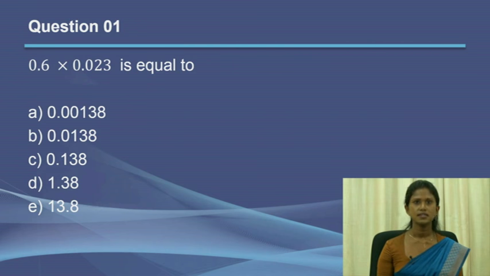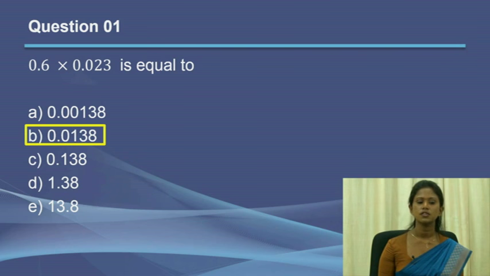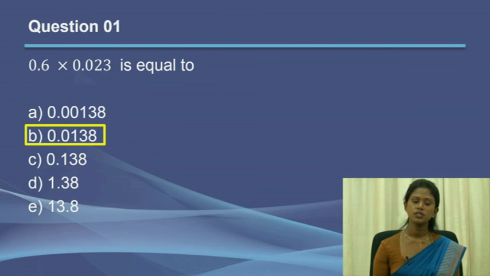Here 0.6 contains one decimal place, and 0.23 contains two decimal places, so altogether there are 3 decimal places. In your answer you allocate the decimal point starting from your right hand side. So the correct answer should be B. This type of question usually does not have multiple answers, because you can have only one correct answer.